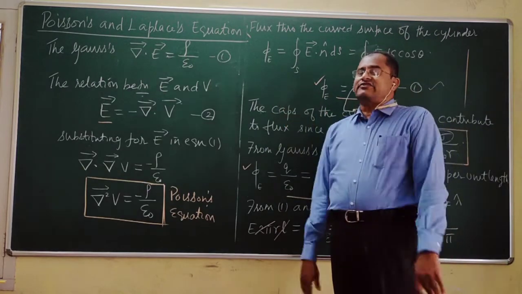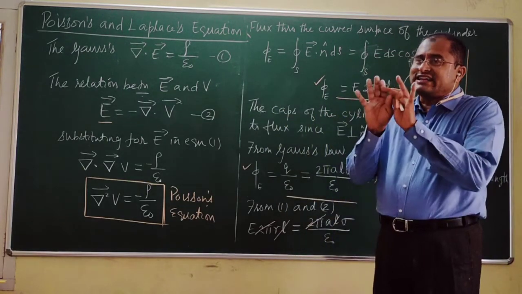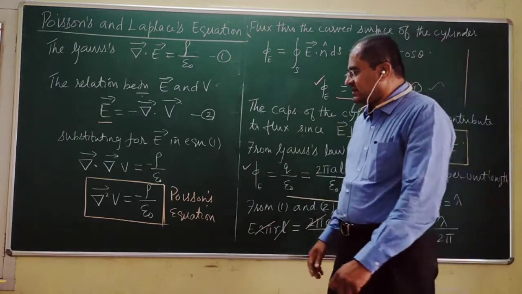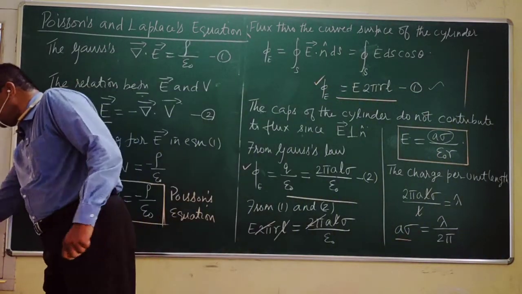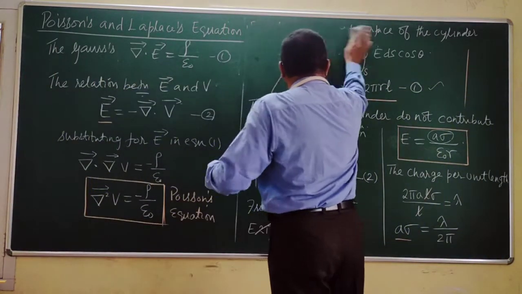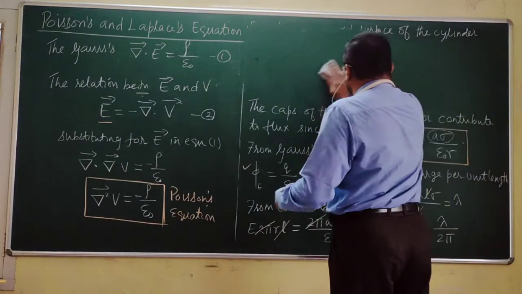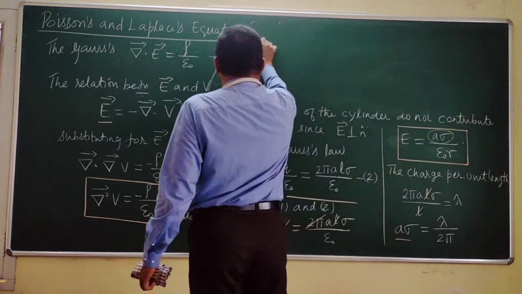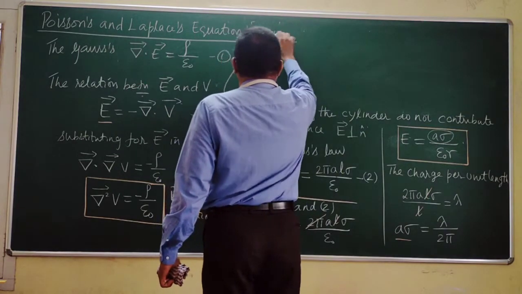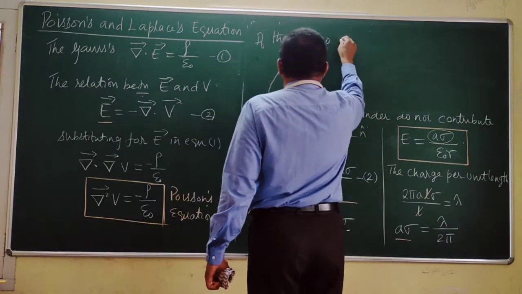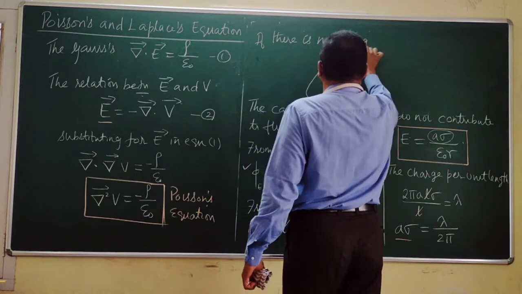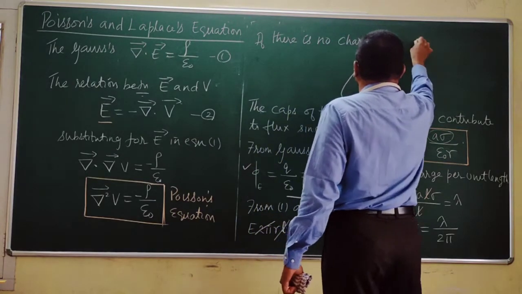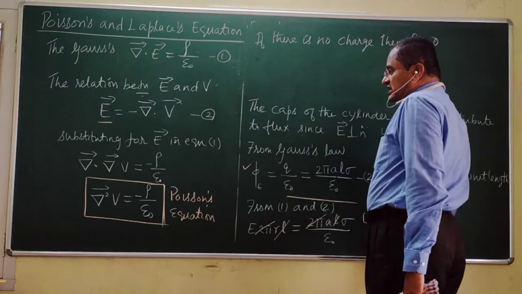If you are taking a region where there is no charge at all, then rho becomes equal to 0.